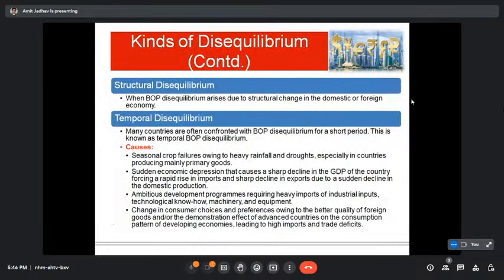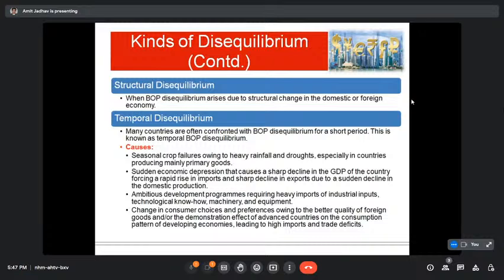Now, we also have some other kinds of disequilibrium. First, we have the structural disequilibrium, and then the temporary disequilibrium. Structural disequilibrium means the BOP disequilibrium arises due to a structural change in the domestic or foreign market. The balance of payments can become imbalanced because of a structural change in the domestic as well as the foreign market, and such a disequilibrium is known as structural disequilibrium.